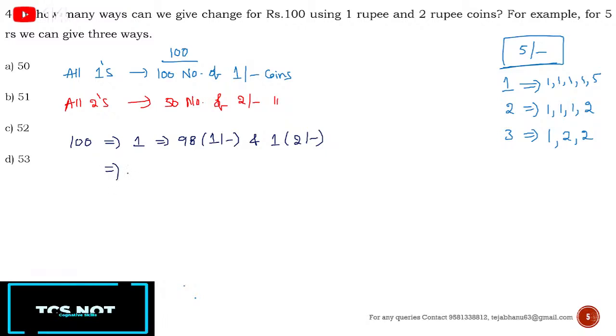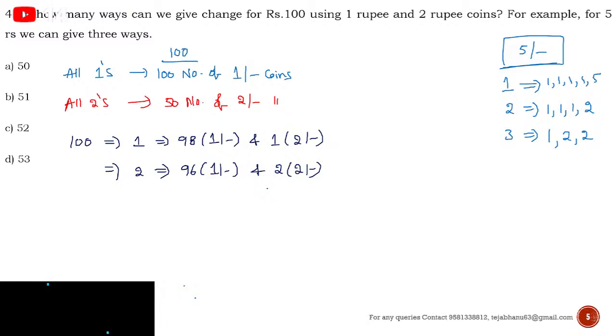Next, in the second case, 96 one rupee coins and two 2 rupee coins we have to take. And so on.